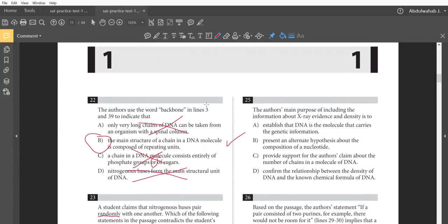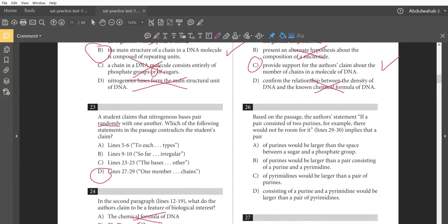Establish that DNA is the molecule that carries the genetic information? Not exactly. They use the X-ray evidence to suggest that there are two chains. Presents an alternate hypothesis about the composition of a nucleotide? Not exactly. Provides support for the author's claim about the number of chains in a molecule of DNA? Well, yes. This supports the author's claim that there are 2 chains in a molecule of DNA. So C is our right answer. Confirm the relationship between the density of DNA and the known chemical formula of DNA? Not really. None of this was mentioned in the text, but C was.